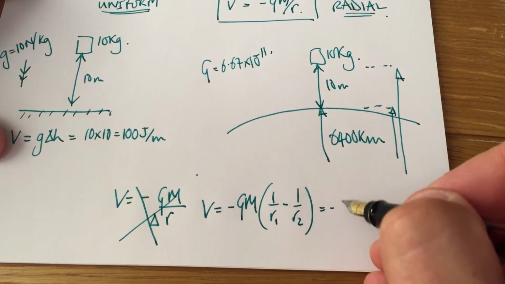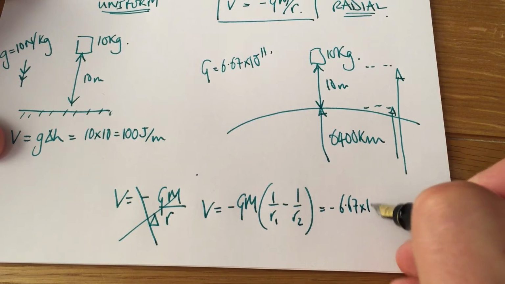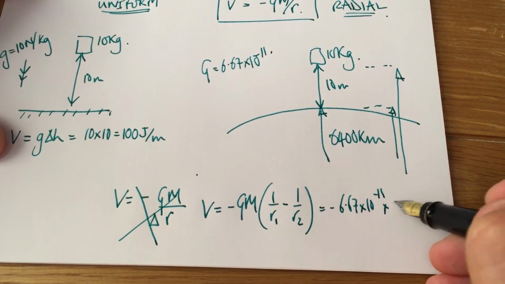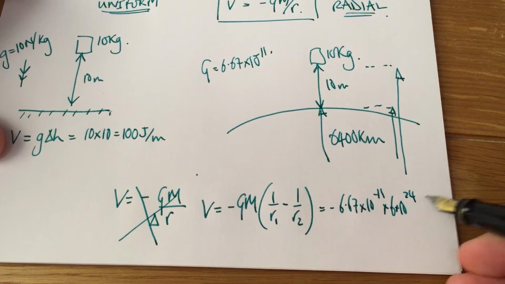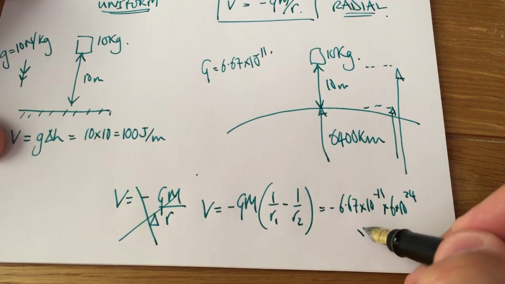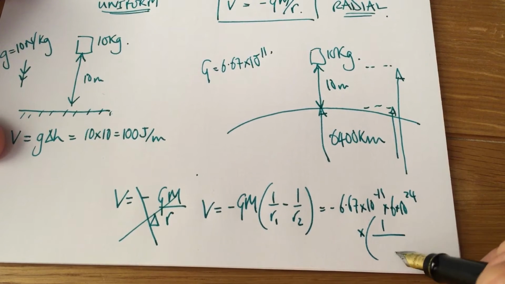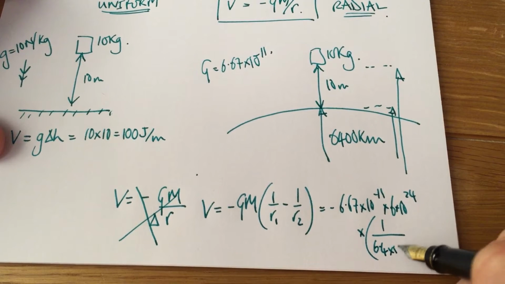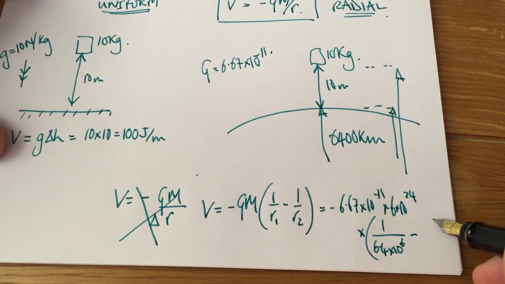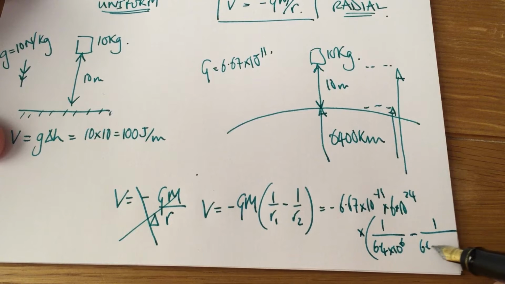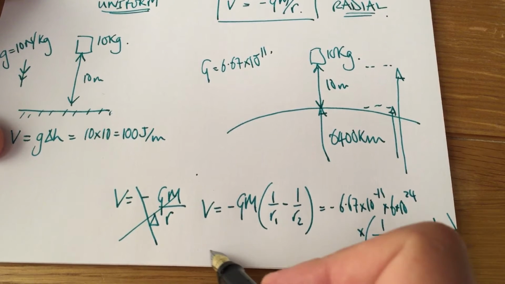So what does that give me? That gives me minus 6.67 times 10 to the minus 11 by 6 times 10 to the 24, multiplied by 1 over 6.4 times 10 to the 6 minus 1 over 6.4 times 10 to the 6 plus 10, close brackets.